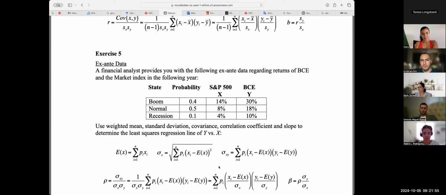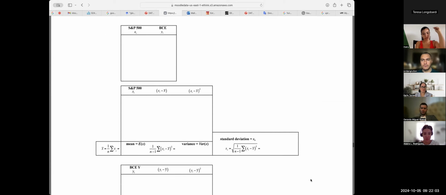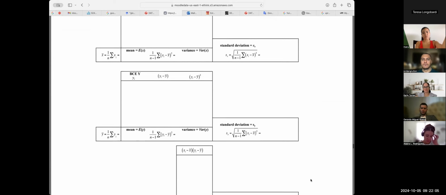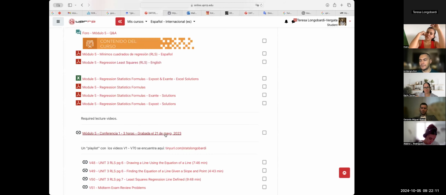Okay, so I want to talk about this briefly. What I did was I presented here a table, and I actually shared this table in Moodle. Let me see. I think I did. Here it is. See? Regression statistic formulas.